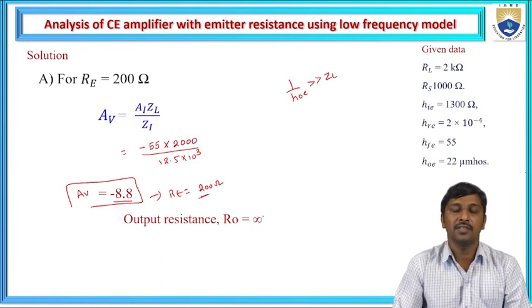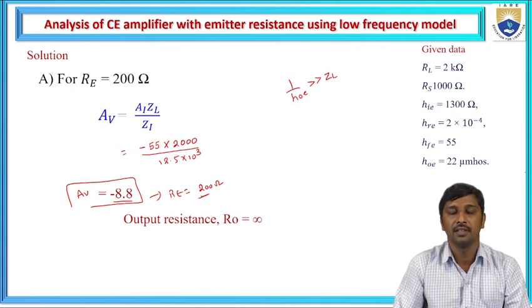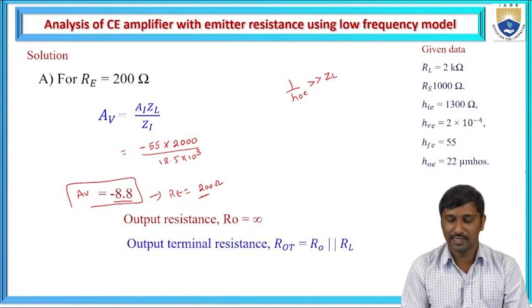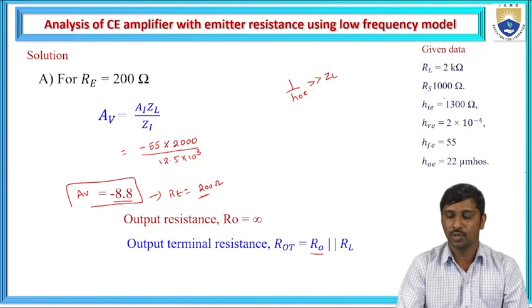Based on the circuit, if you want to calculate the total terminal resistance, the output impedance should be in parallel with the load impedance. So ROT is represented as RO in parallel with RL. In the approximate analysis, we consider the output impedance to be very large and RL is 2 kilo ohms.